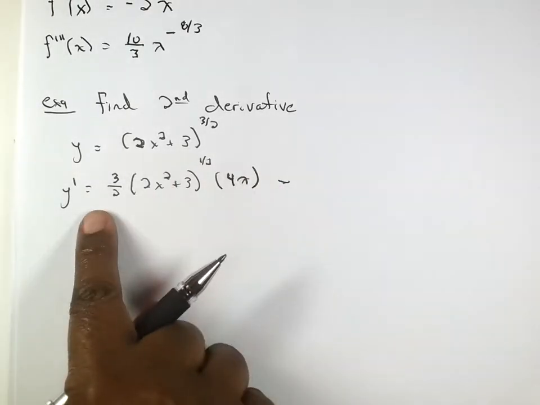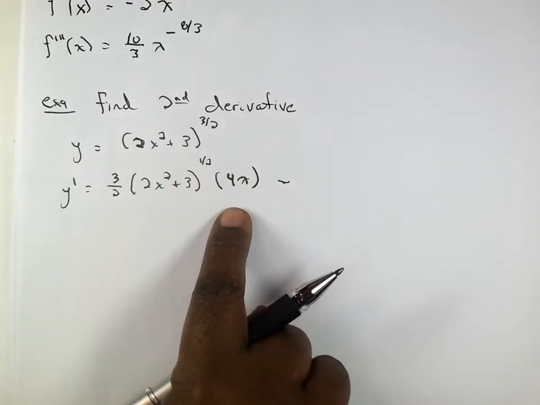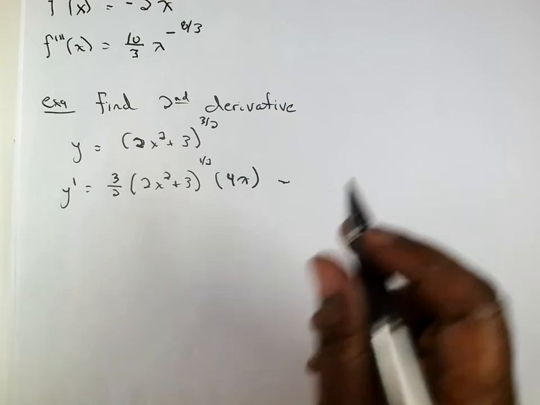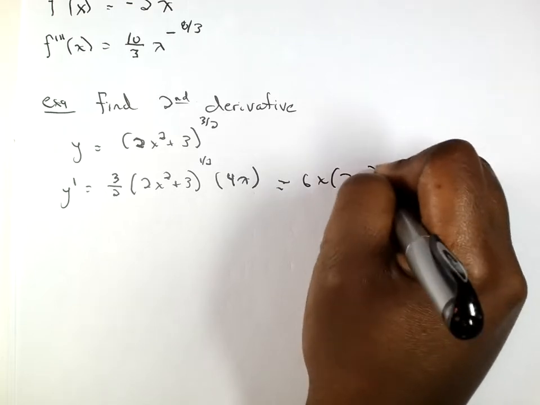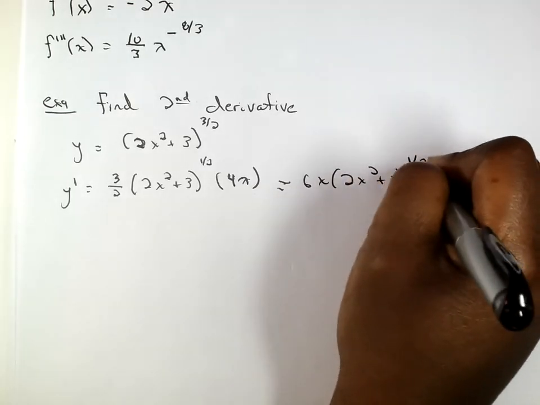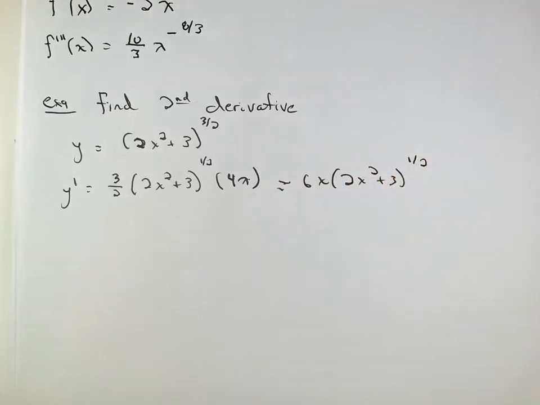So I can at least multiply the 3/2 and the 4x together, and that will give me 6x times 2x squared plus 3 to the 1/2 power.